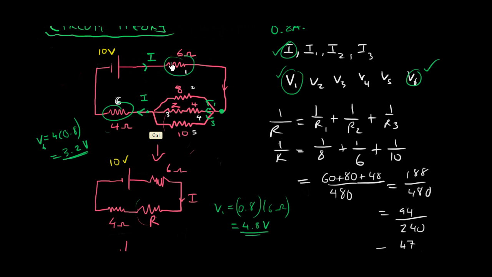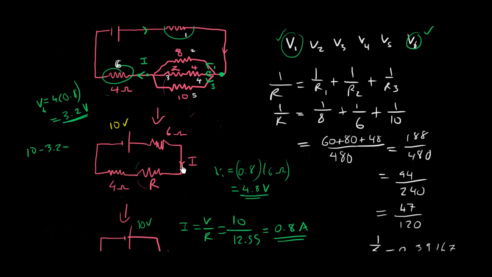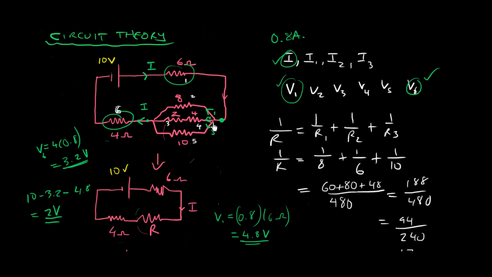So I can now just subtract. The potential difference between here and there is going to be 10 minus 3.2 minus 4.8. So that equals, well, 3 plus 4 is 7, 0.2 plus 0.8 is 8, so 10 minus that is going to be 2. So 2 volts is the drop through this whole thing.